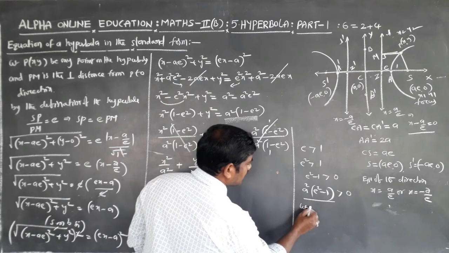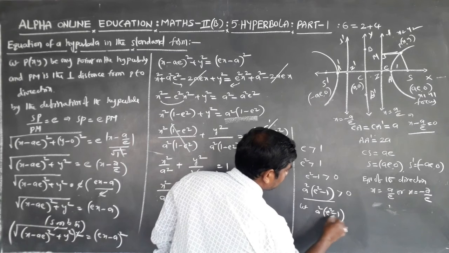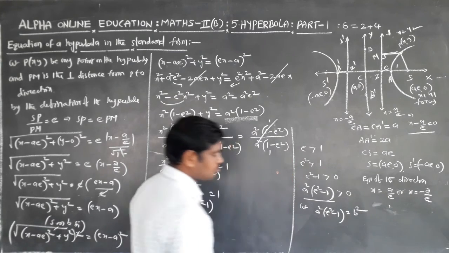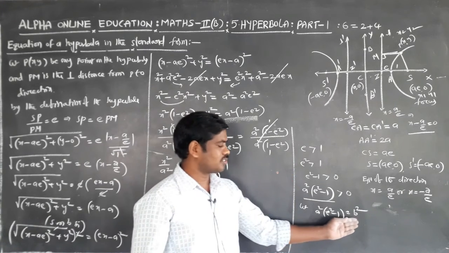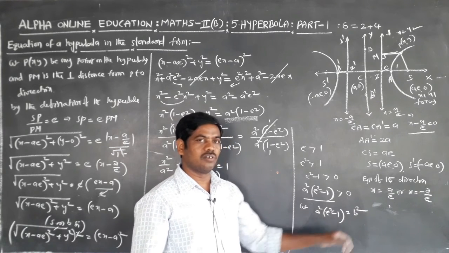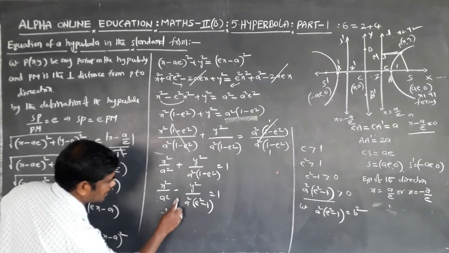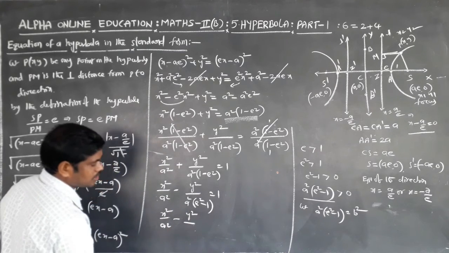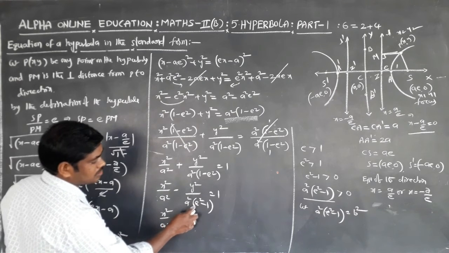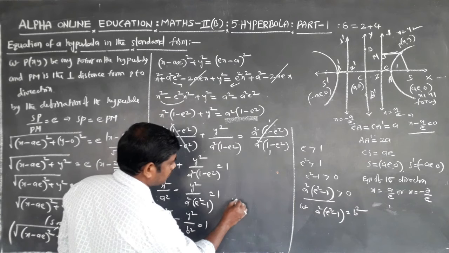Let a square into (e square minus 1) equal b square, which is a constant, a real number. So x square by a square minus y square by b square is equal to 1.